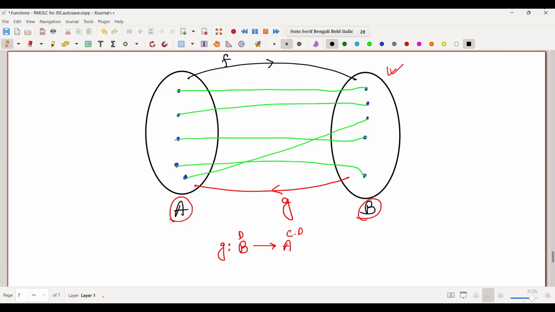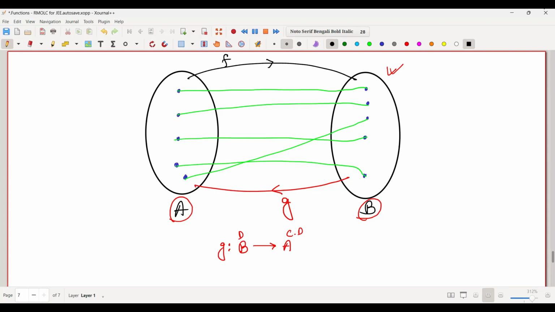Now this is one-one and onto functions, and we have learned about some familiar functions from class 11: the identity function, signum function, polynomial function, trigonometric functions, like this.